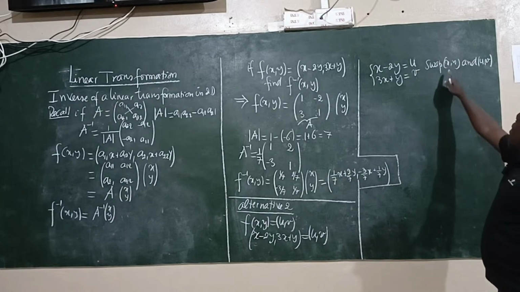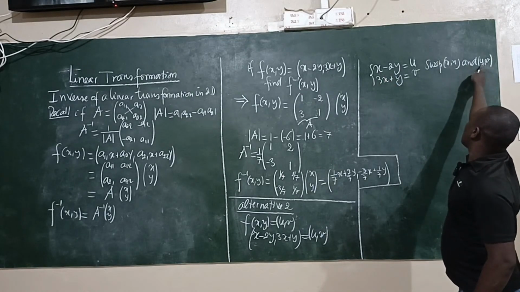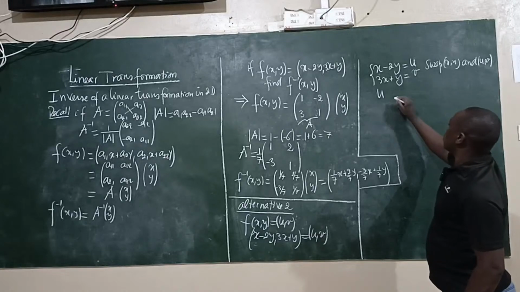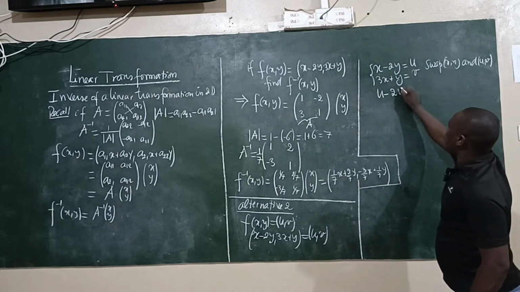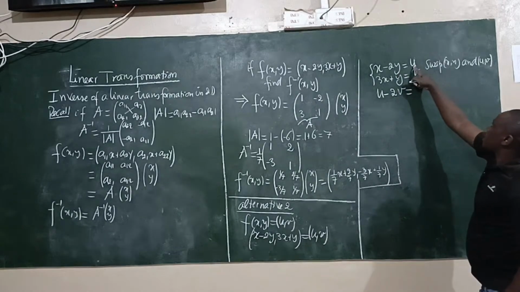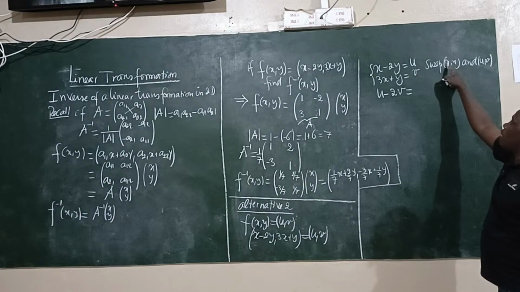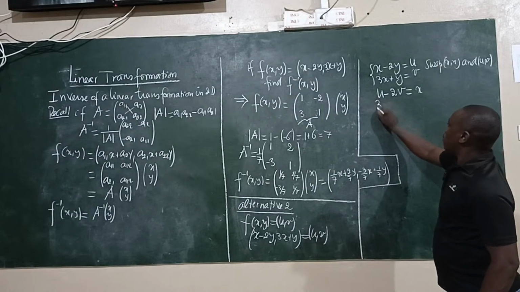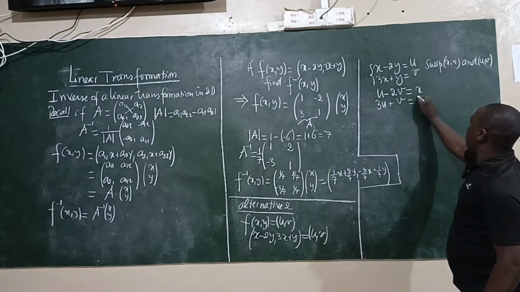This means instead of having x, we'll have u, and here x will be replaced by u. That's, here is u minus 2, and y is going to be replaced by v. And this is because we swap x and y to be uv. Here, instead of having u, we're going to have x. Even here, we have 3u plus v, and this is going to be y.